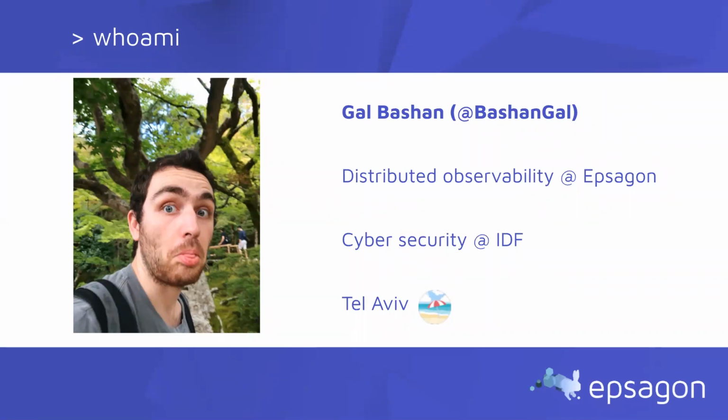Before that, I did some cool cybersecurity stuff at the Israeli Defense Forces, a lot of reverse engineering, a lot of low level. We worked with weird devices and C code and buffers, very different than the cloud native world that I live in today.